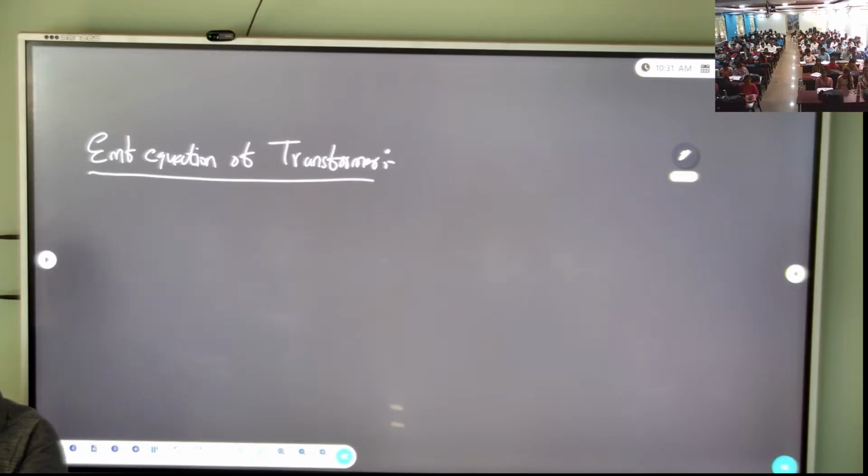What is d phi? It has one value. What is dt? It has one value. So here our aim is to find out the value of d phi and the value of dt. That means two parameters.